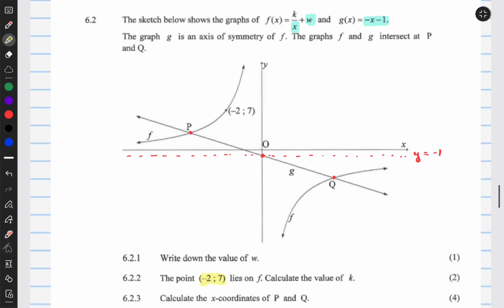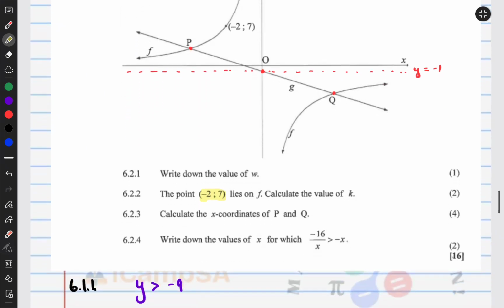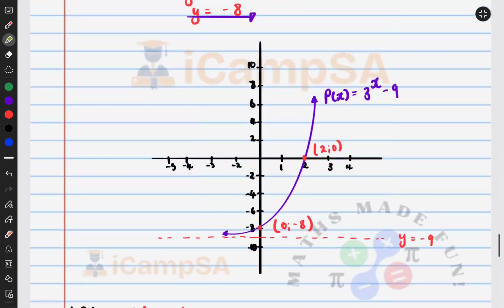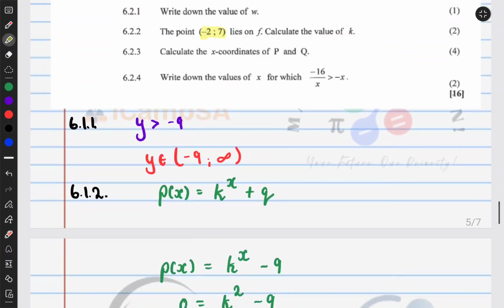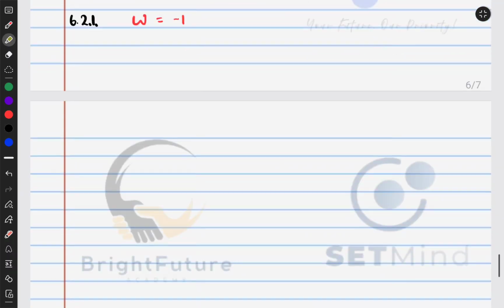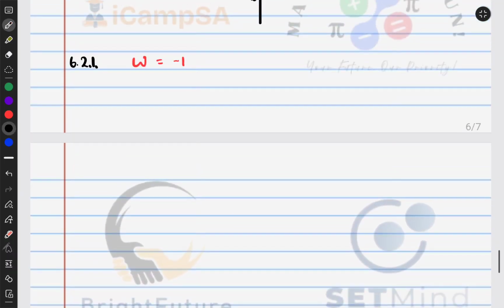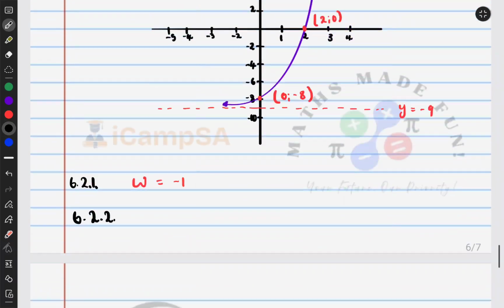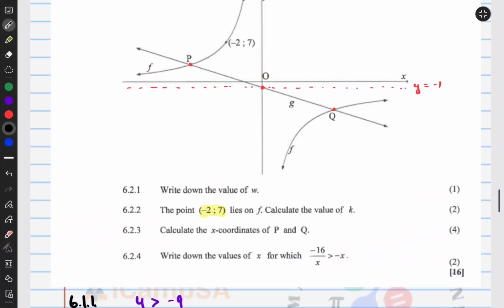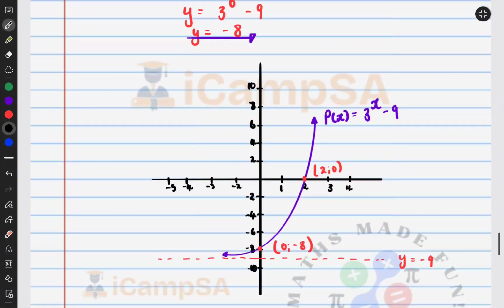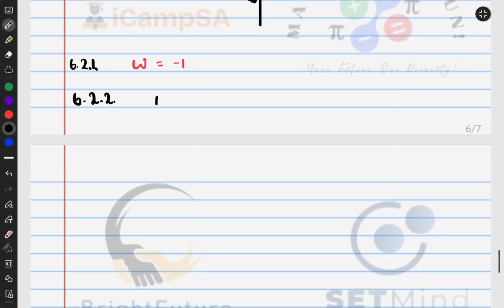We already have the value of w, which is -1, so we can calculate k. f(x) = k/x + w.